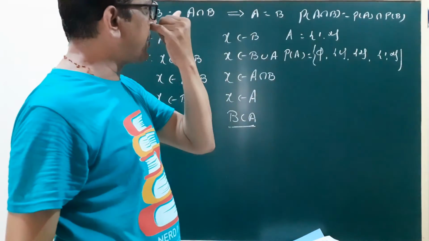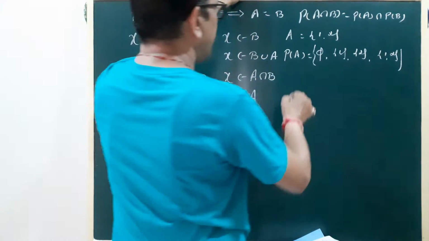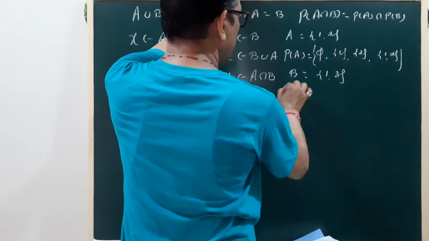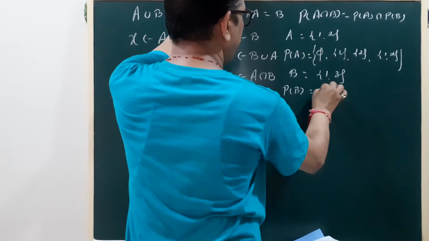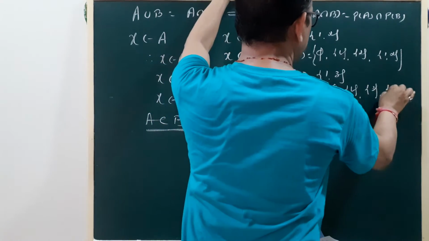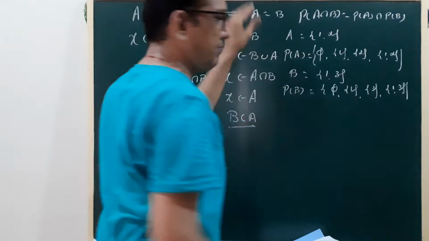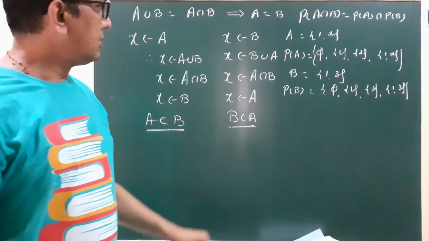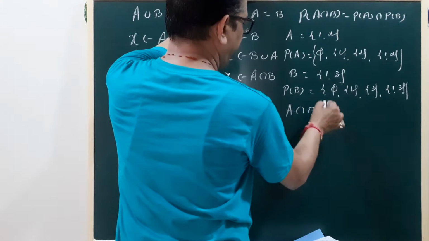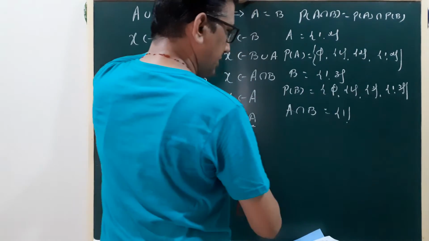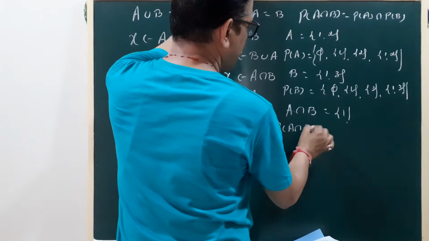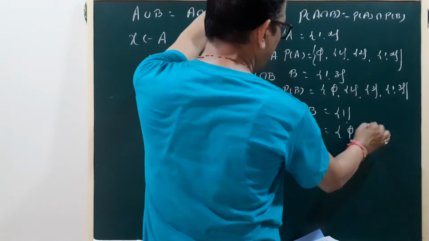Now B is {1, 3}, so the power set of B is phi, {1}, {3} and the set itself. Now A intersection B is {1}, so the power set of A intersection B is phi and the set itself.